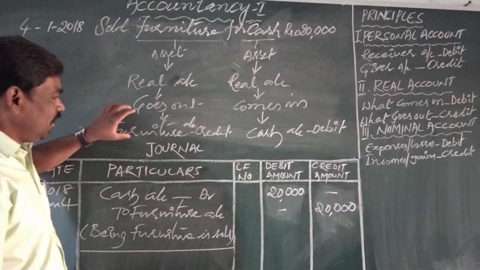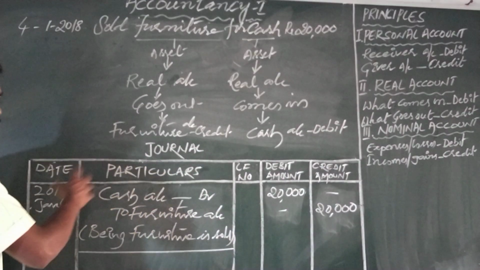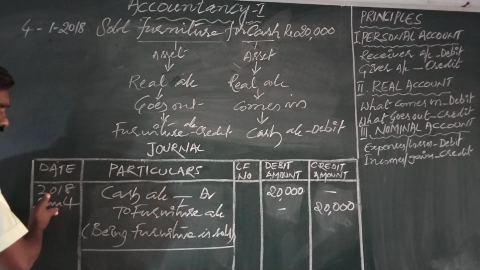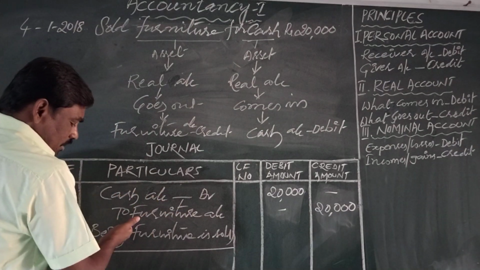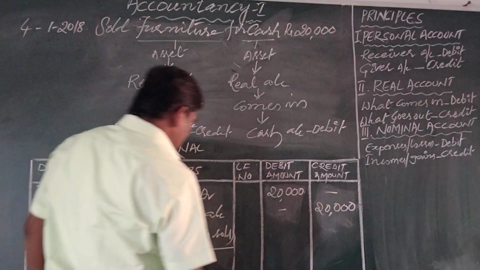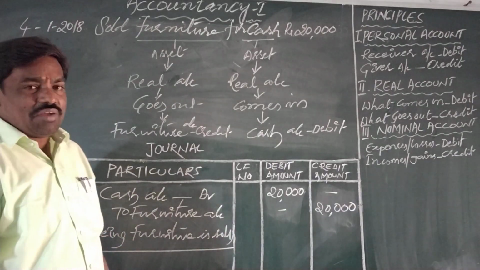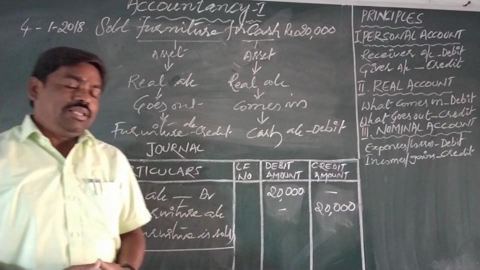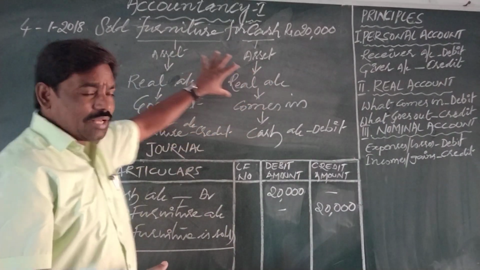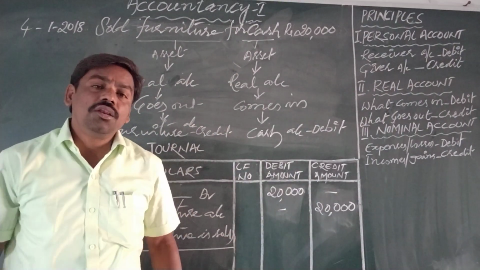Then we find the debit account and credit account. After that, we write the journal entry in the book called journal. First we write the date, then the debit account, then the credit account. In the debit column, debit amount, in the credit column, credit amount. At last, write the narration in brackets for the entry. So in this way, we have to write the journal entry. But this process should take place in your mind. The entire process should be taken in your mind.